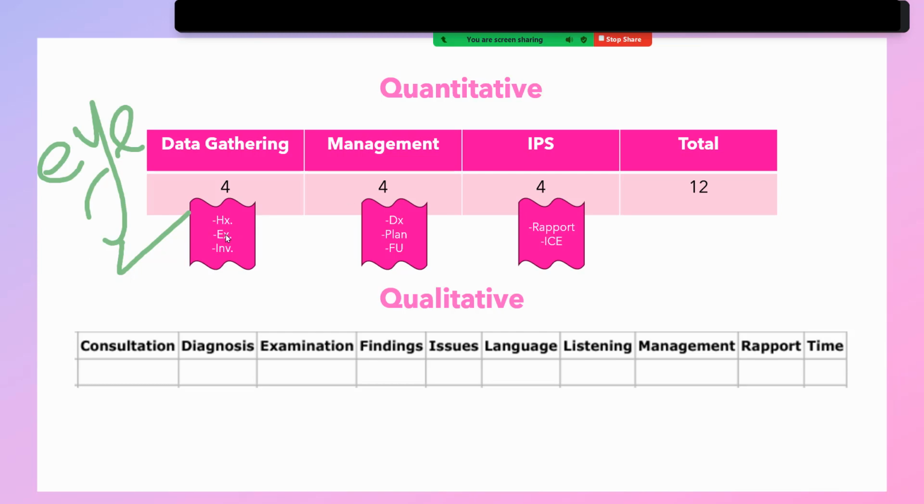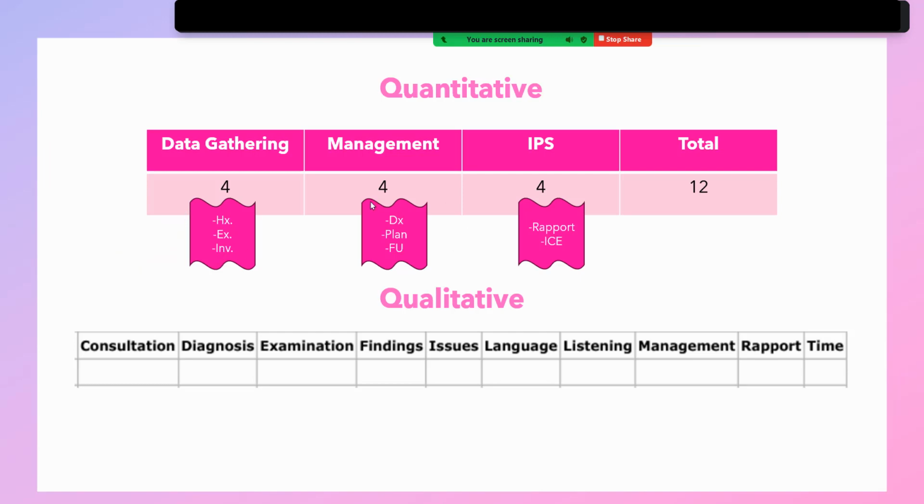Okay? In examination, you have to examine the eye. You don't need to do a general physical examination. Investigations: if there is something relevant, you can order the investigations. If it's not relevant, no investigations for this case, you don't need to investigate.